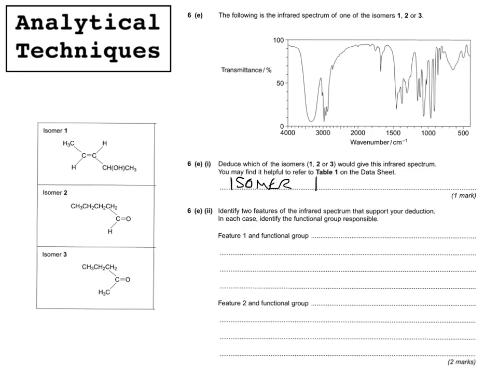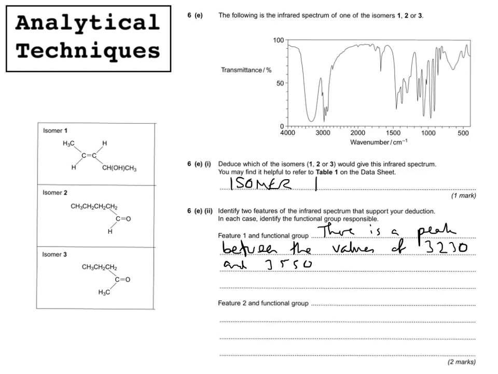Then it says, identify 2 features of the infrared spectrum that support your deduction. In each case, identify the functional groups responsible. So we've already said that there's an OH alcohol group. So you'd say that there is a peak between the values of 3230 and 3550.